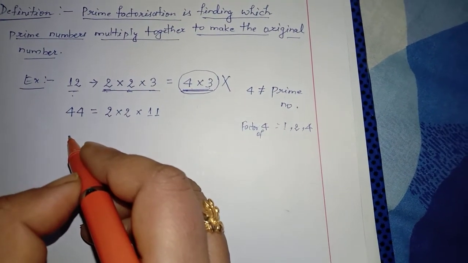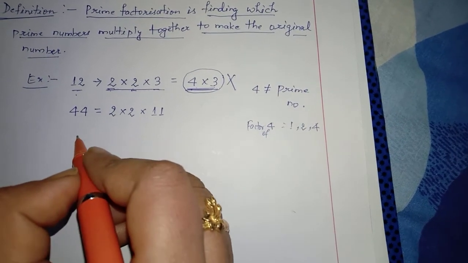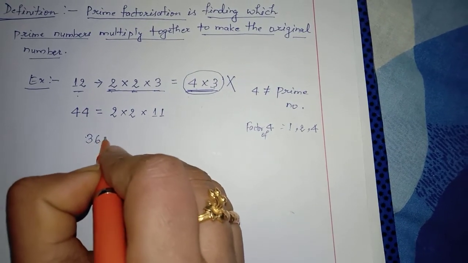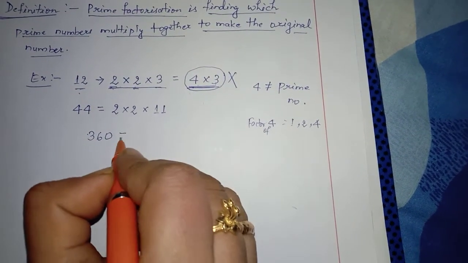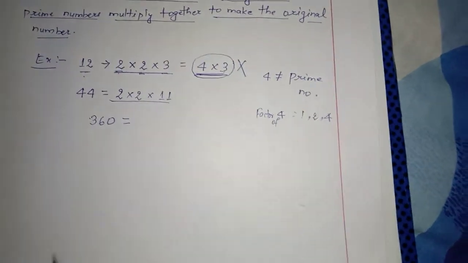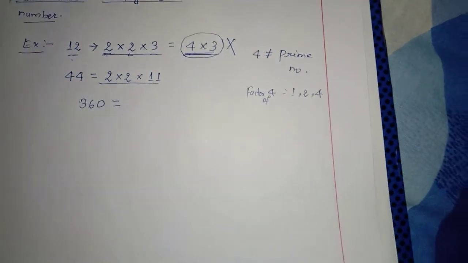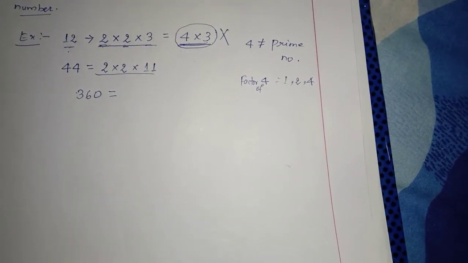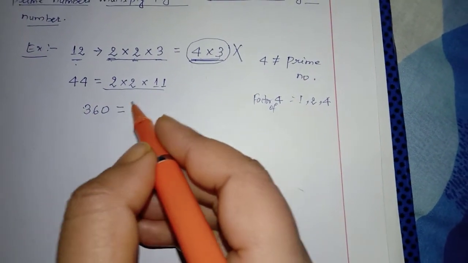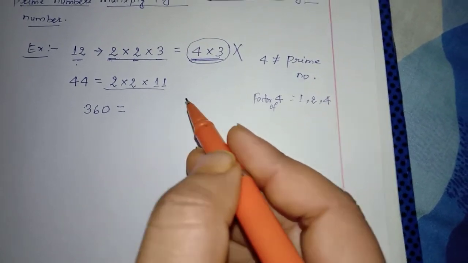Suppose I have the number 360. If I try to write it in this way, my prime factorization may be wrong, because I don't know how many times I have to write 2 and how many times I have to write 3.